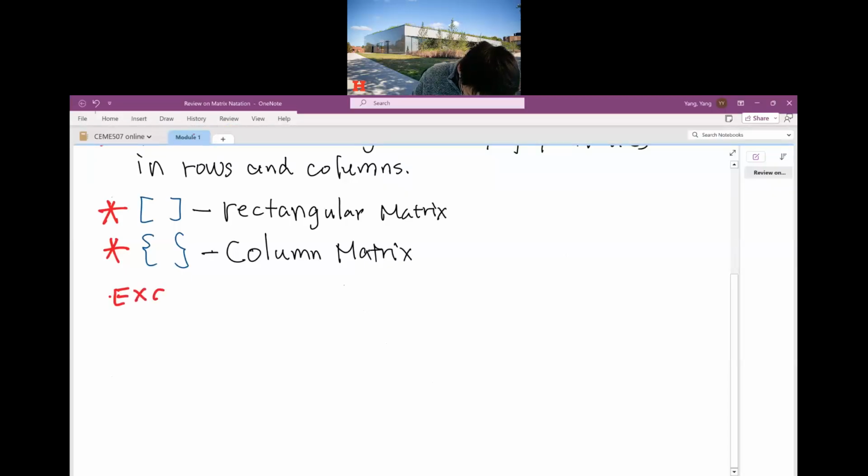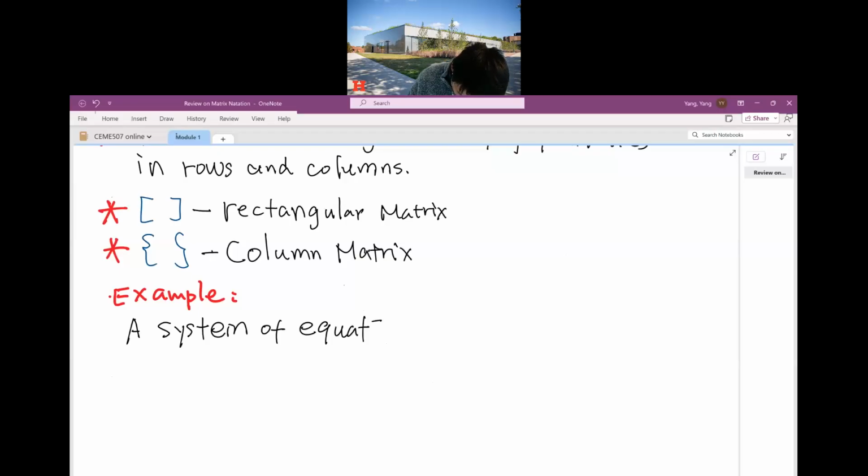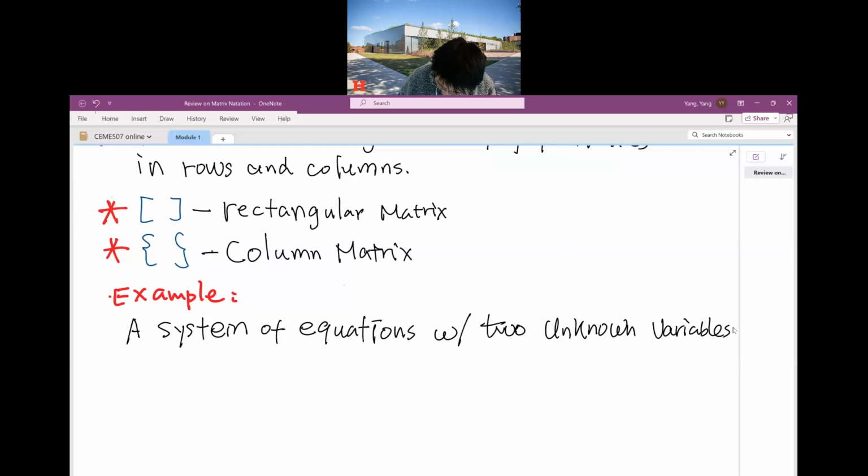So for example, if we have a system of equations with two unknown variables, yes, I think everybody learned how to solve this type of problem.